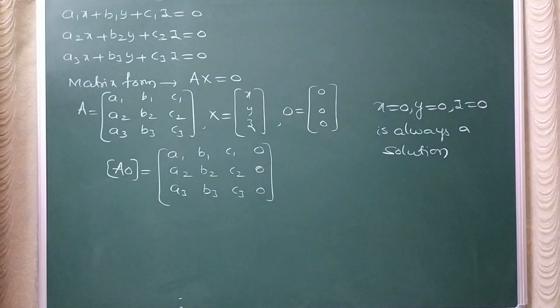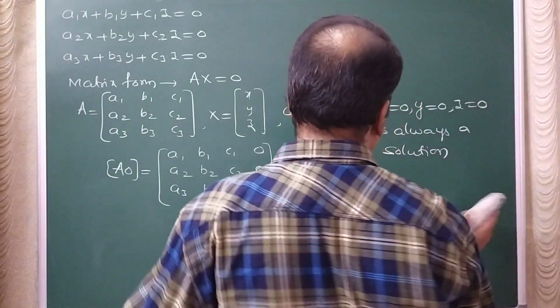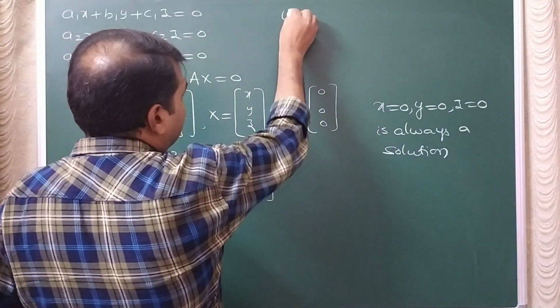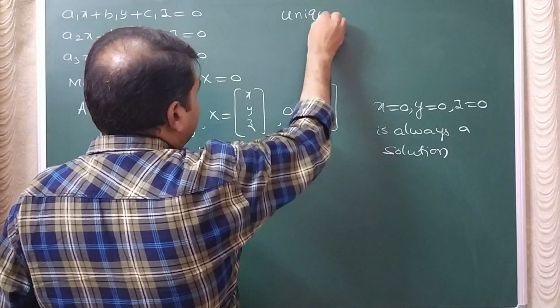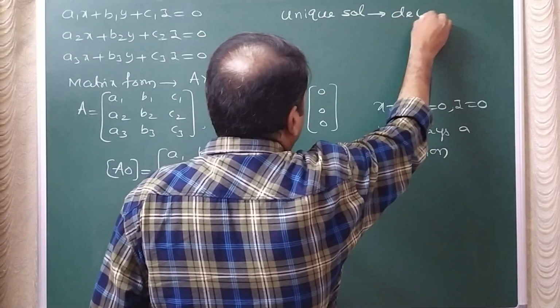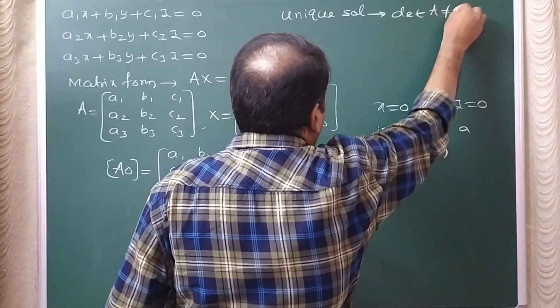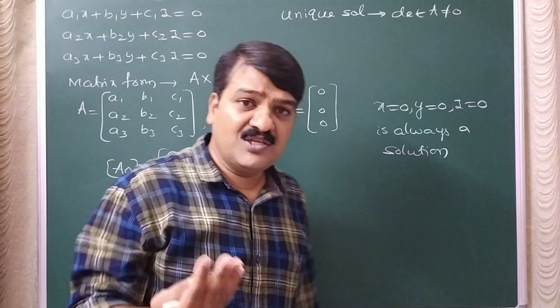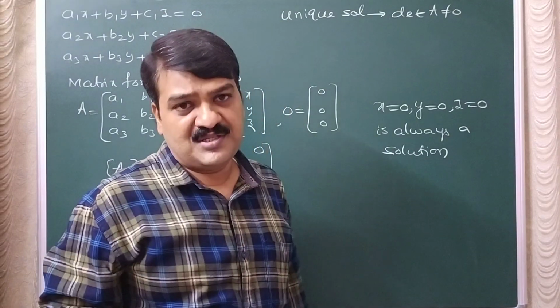In the previous non-homogeneous systems we have already discussed this, so I'll write that only. We know that when the system has a unique solution, det A is not equal to 0. A unique solution here is the same as the zero solution or trivial solution.